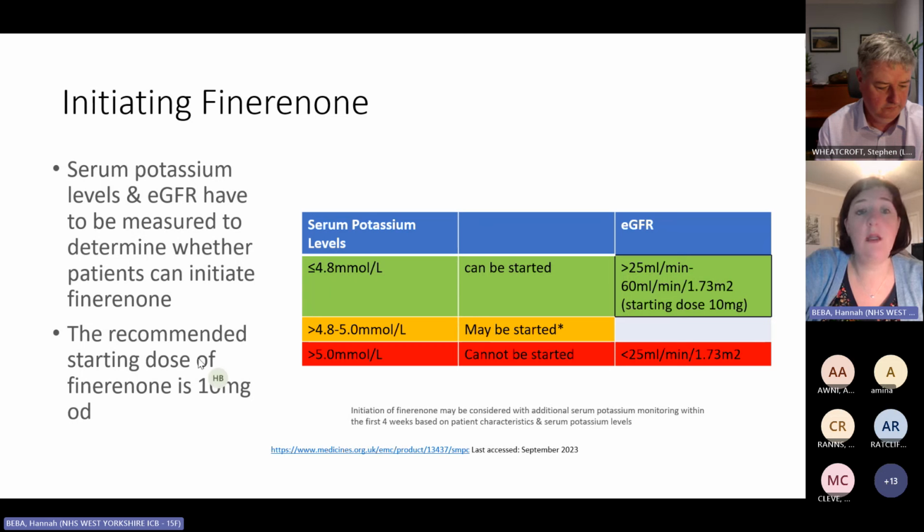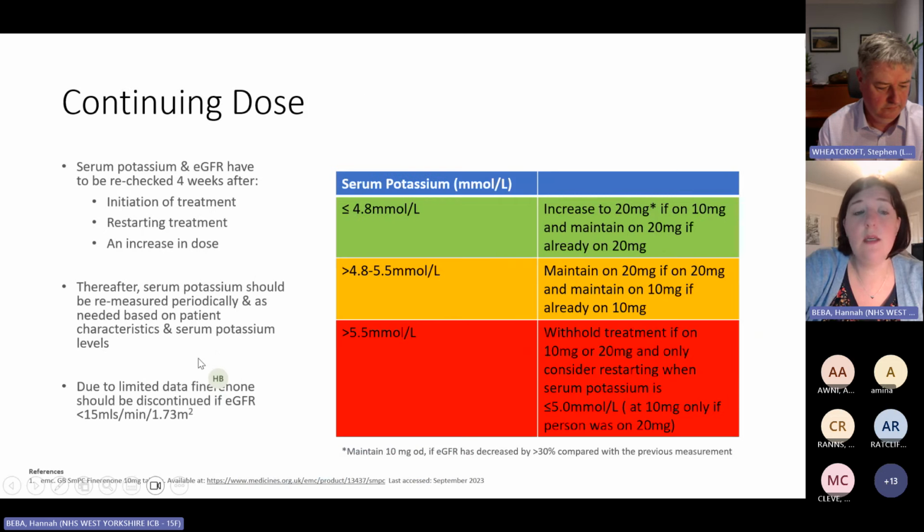You start at 10 milligrams and it can be titrated. Your continuing dose again depends on where you land with your potassium 4 weeks after you've started it. At this point you can basically carry on and titrate, or you can maintain, or you might withhold treatment and then reinitiate thereafter. And afterwards, you're going to think about measuring serum potassium, usually based on patient characteristics and the serum potassium level.